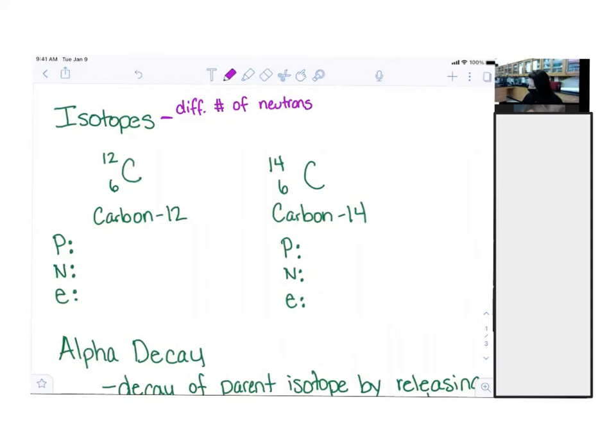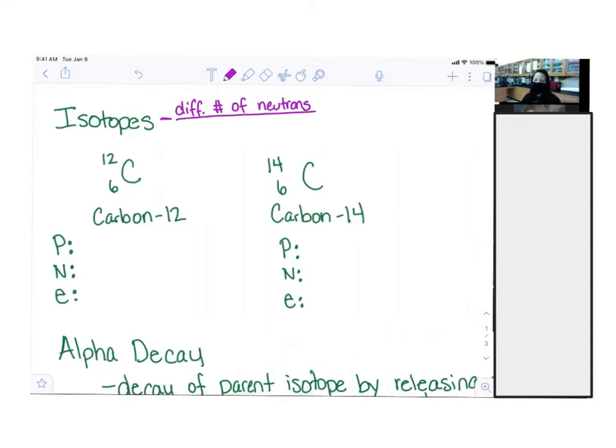An isotope has a different number of neutrons, and this different number of neutrons is going to affect the mass. So the mass is that. And we can see this when we write the isotope. The mass is going to be how we name the isotope.